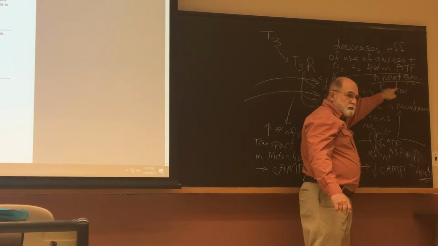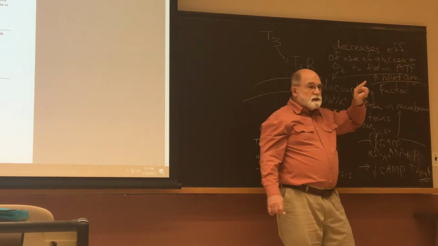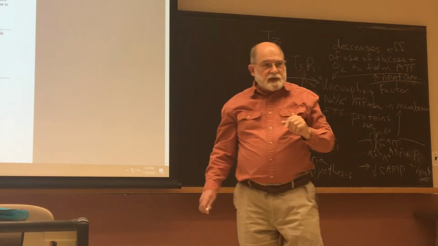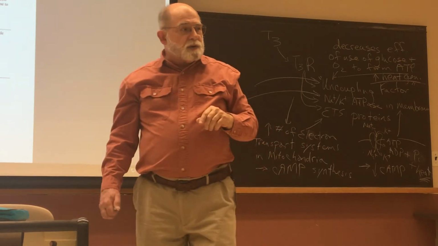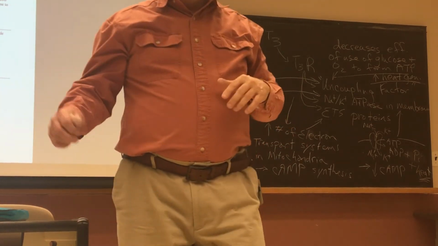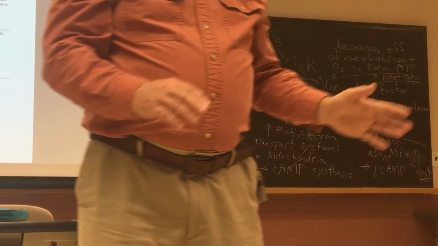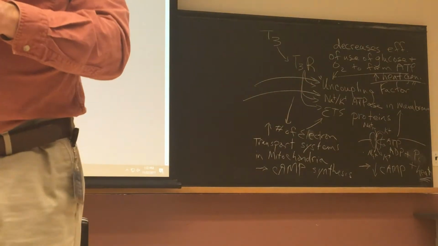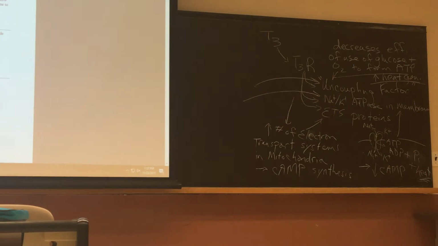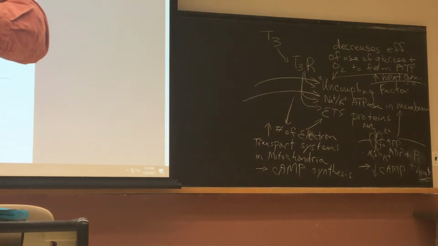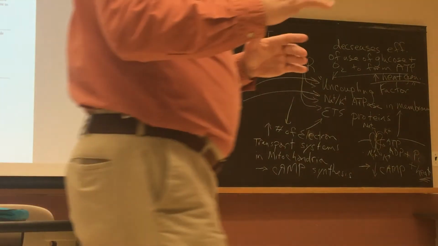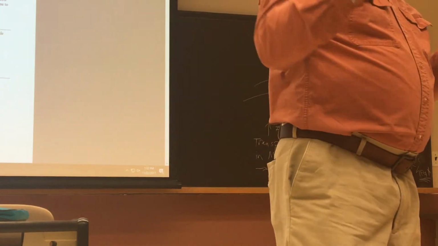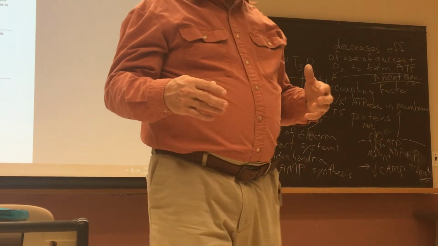This is what happens in brown fat in young offspring particularly. But it can also happen to a lesser degree in adult animals. You want proof? Take a rat and put it in the refrigerator for a period of time. They will accommodate, and in part the thyroid system is activated.